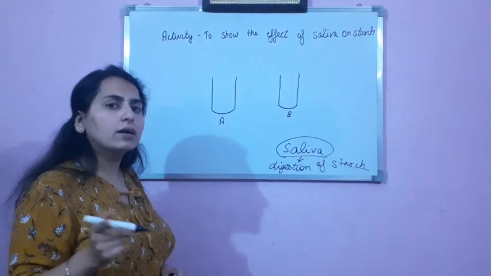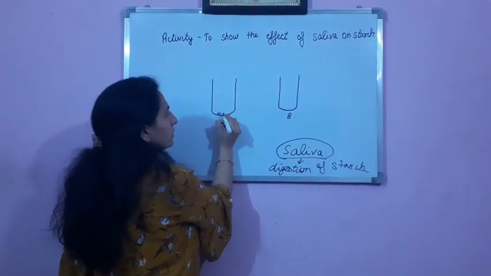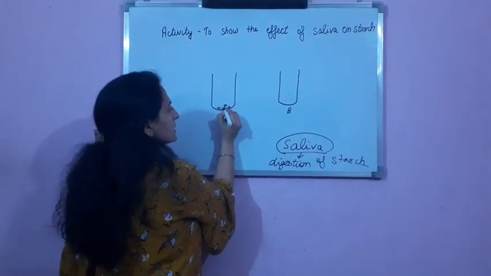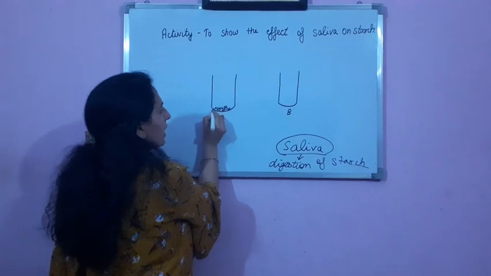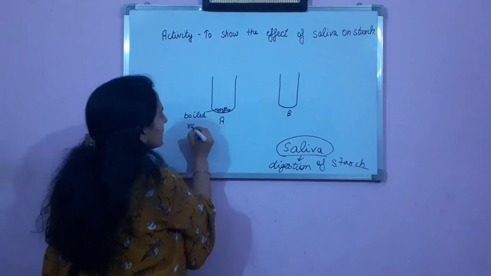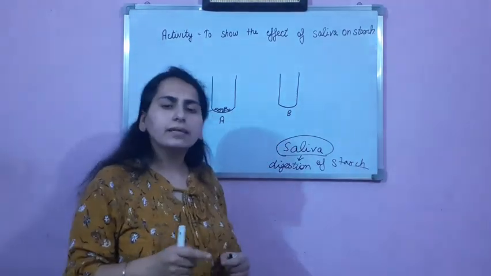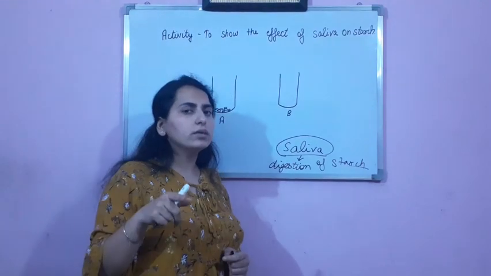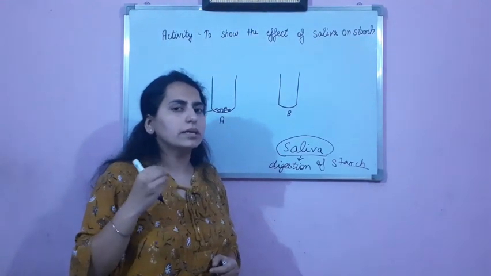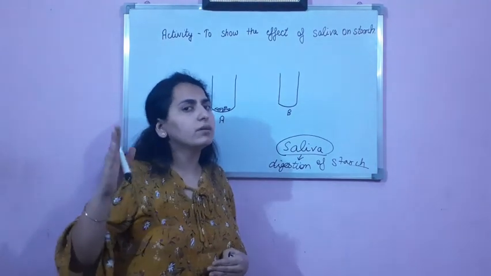Now, I'll take boiled rice. In the first test tube, I'll put the boiled rice as such. But in the second test tube, what I'll do? I'll take the boiled rice and put it inside my mouth, inside the buccal cavity, and then I'll chew it for 4 to 5 minutes.